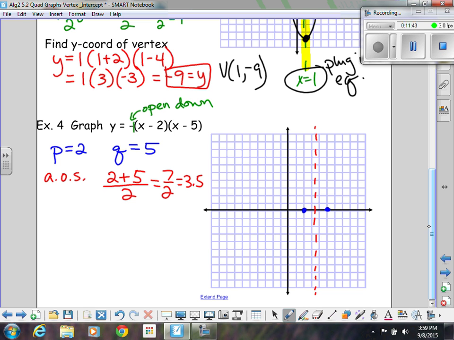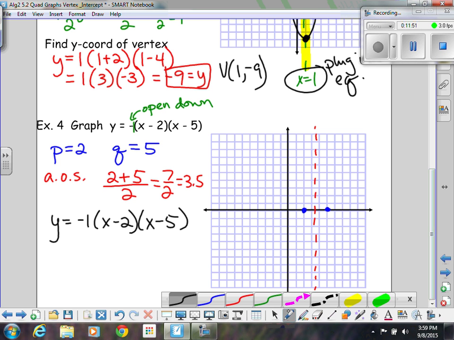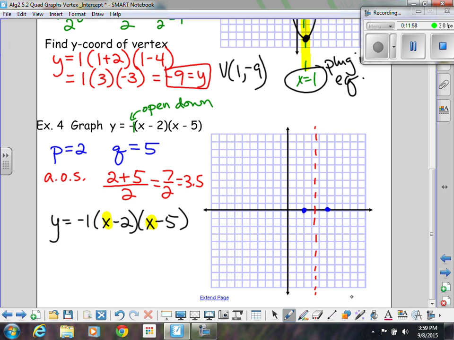So now we have to use our equation. Here's our equation, right? The original equation. I have to use this equation, and what am I going to plug in for these x's? I'm going to plug in that 3.5 from my axis of symmetry. So I'm going to say y equals negative 1, 3.5 minus 2, and then 3.5 minus 5. Now I'm going to evaluate that.